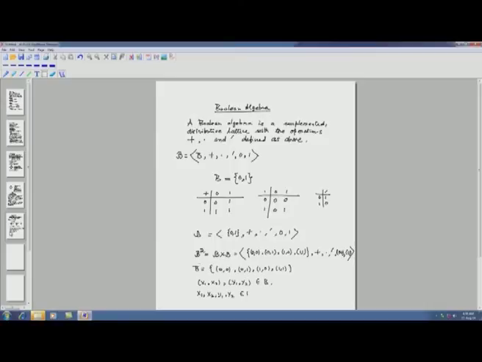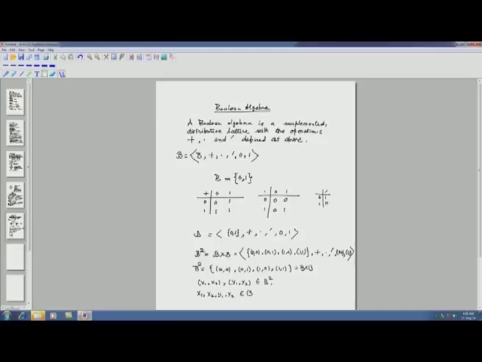I am sorry, I change it, this is B square, this is B cross B. So, here it is B square, but these x1 x2 y1 y2 are in B. So, x1 x2 will behave as elements in B.